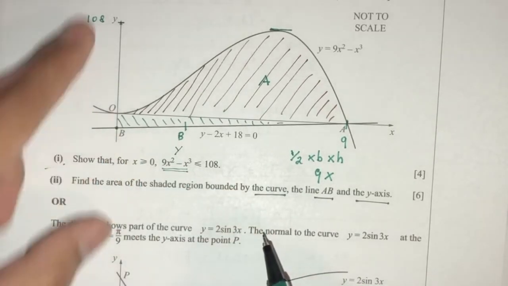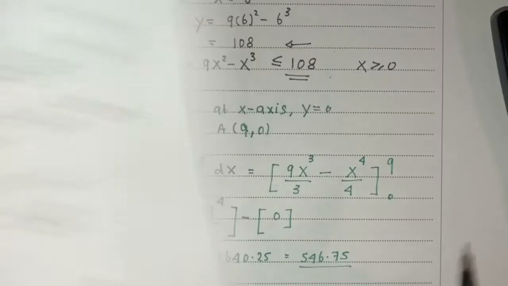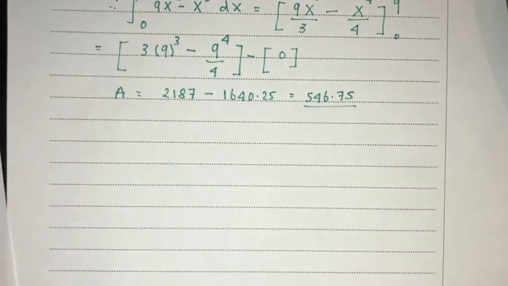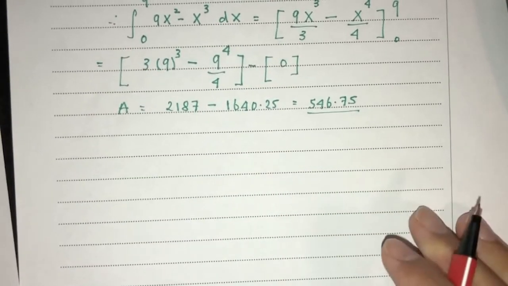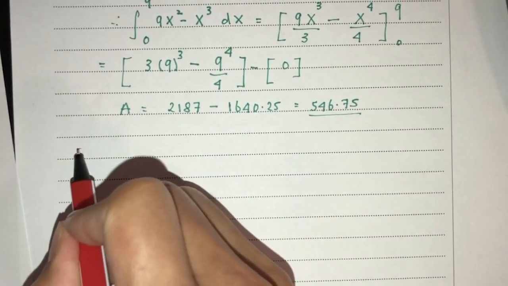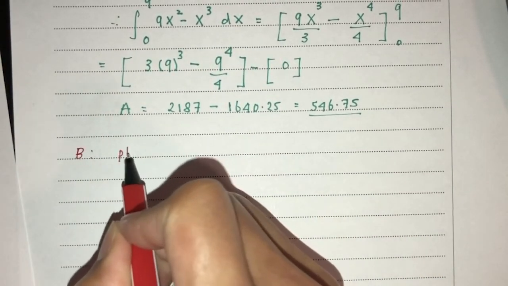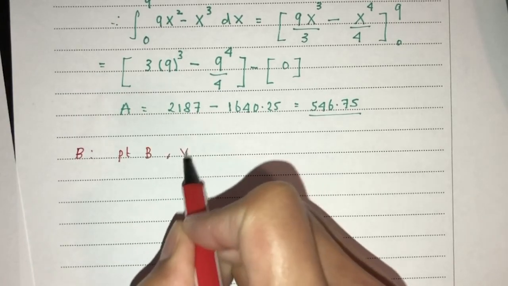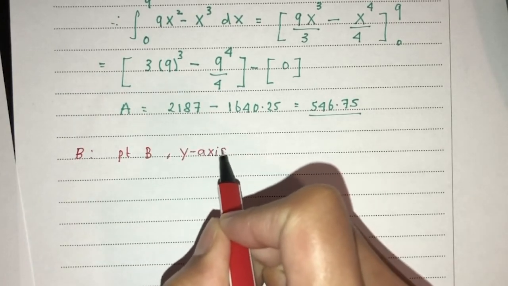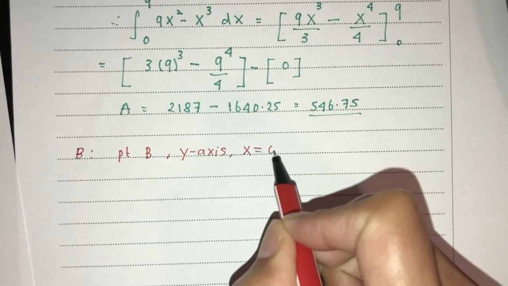So the point B is on your y-axis. To find the area of B, let me use a different color. We have to find the point B. The point B is on your y-axis. At y-axis, the value of x is equal to 0.